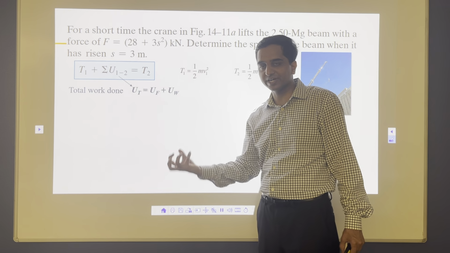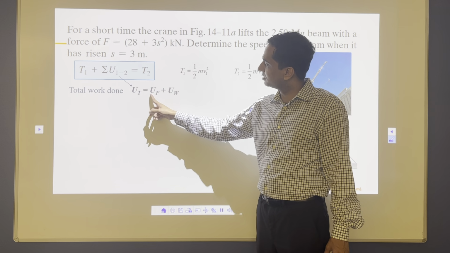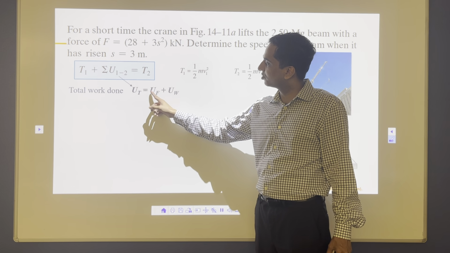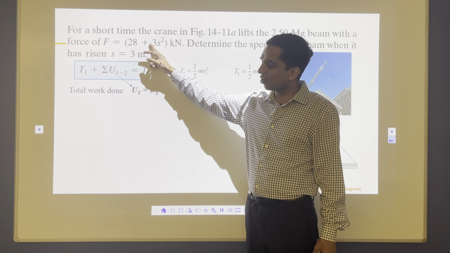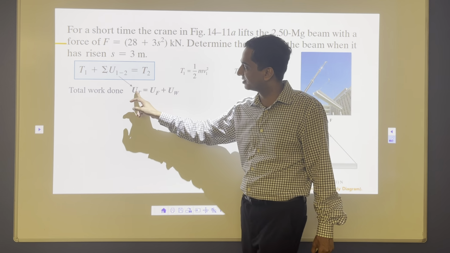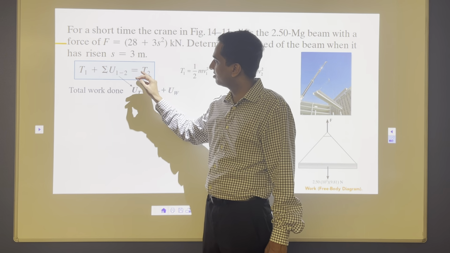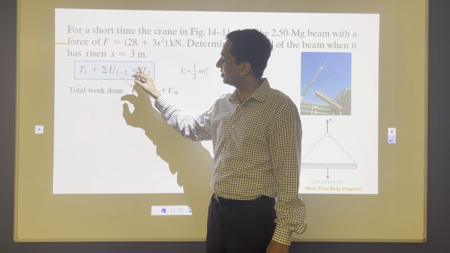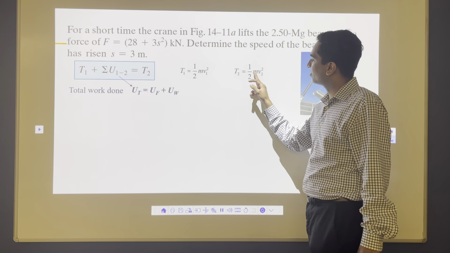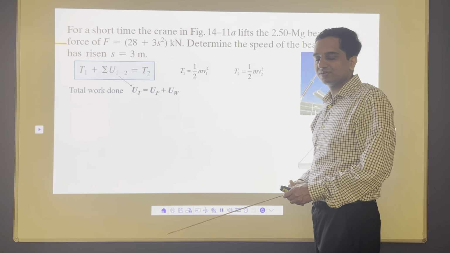Weight is trying to pull it down, so this work done will be negative. And then we have to find out UF, that's the work done by force. If we can find out these two things, we can get the total work done, which means we will get a value of U12. You put the value here, that will be nothing but T2. It means we can equate it as 1/2 mv2², and then we can calculate V2, the velocity after the 3 meter mark.